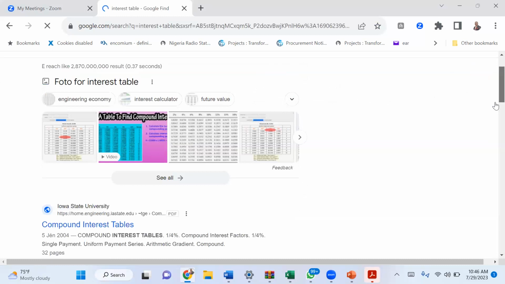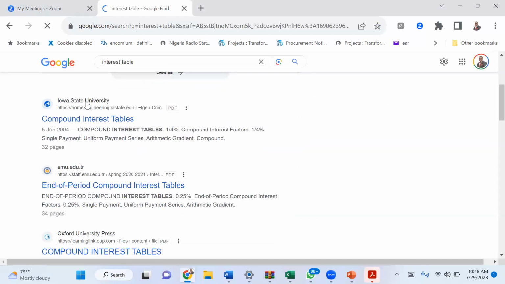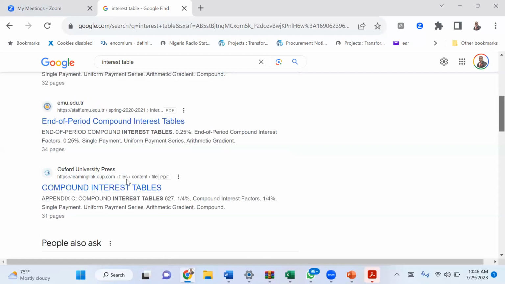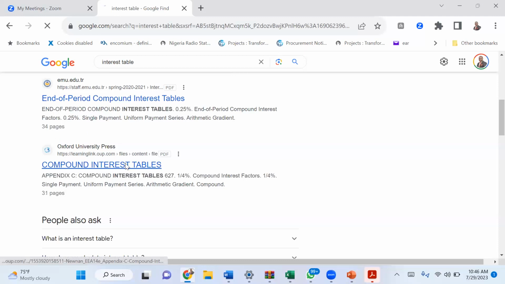You can download any one, but I've uploaded one for you. This one is from Iowa State University. This one is from another university in the US. This one is from Oxford University Press. It's just like a four-figure table.